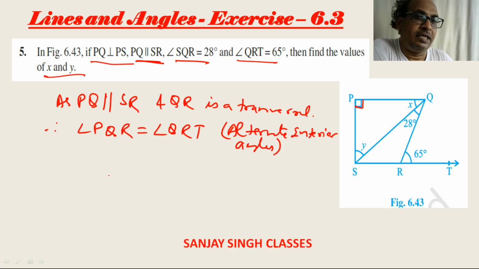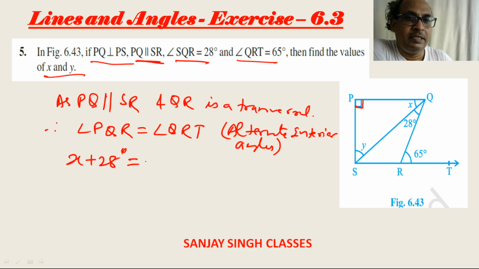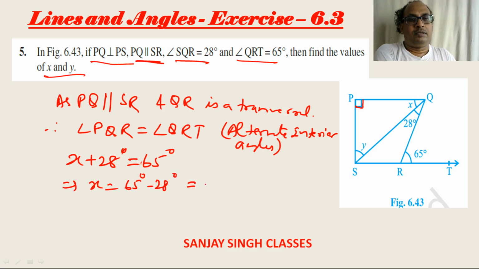Alternate interior angles are equal. So angle PQR, which is X plus 28 degrees, is equal to angle QRT, which is given to us as 65 degrees. So X is equal to 65 minus 28 degrees, which is 37 degrees. So 37 degrees has become X.